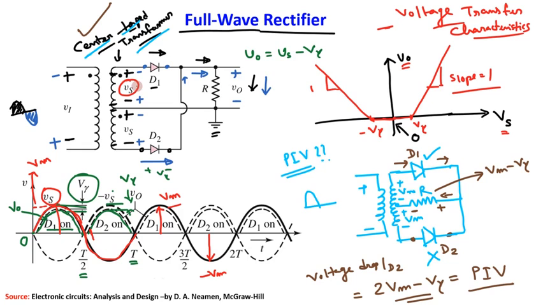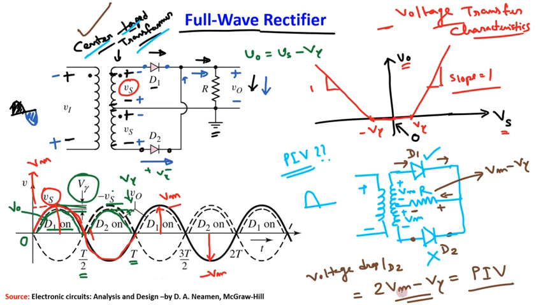Do you remember what was the value of PIV for a half wave rectifier? It was Vm minus V gamma only, right? In case of half wave rectifier, the PIV was this Vm, right?